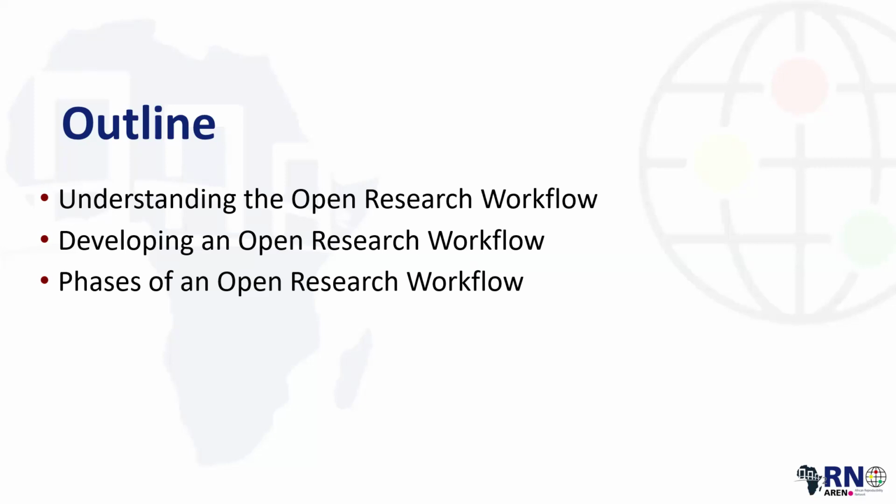The reason why we are doing this session is that we realize that open science is quite broad. In our introductory session, we talked about the values, the principles, the tools, and a lot of concepts that you have to learn. All these have to do with the research process, so it can be a bit confusing. It can be tough to see how you can integrate all of this into your research work.